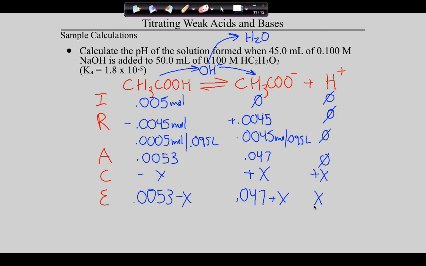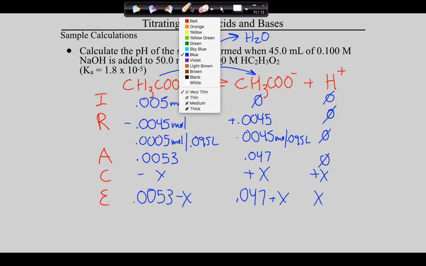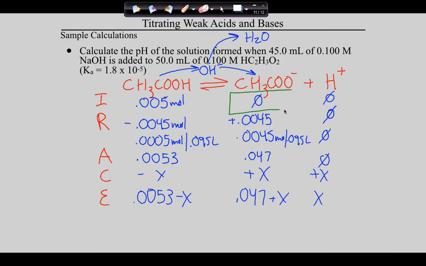So where did we do ICE boxes before? We did ICE boxes before studying buffers. And when we were using these to study buffers, the only difference is we had an initial concentration of that from adding the conjugate base salt. But we don't need to worry about it in this case because the very definition of these titrations is it's a weak acid and a strong base.